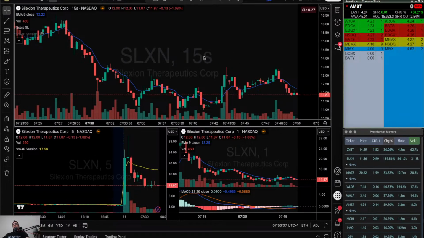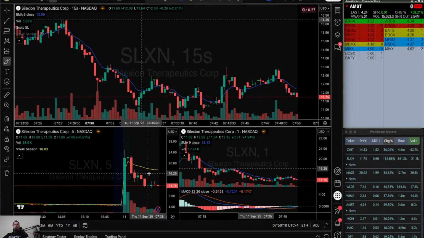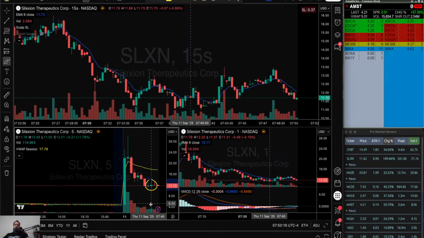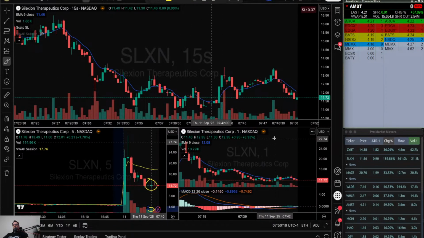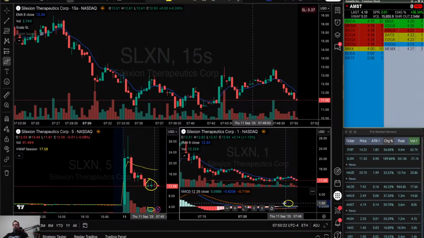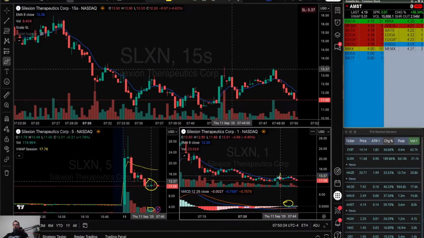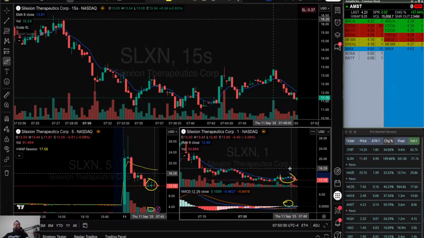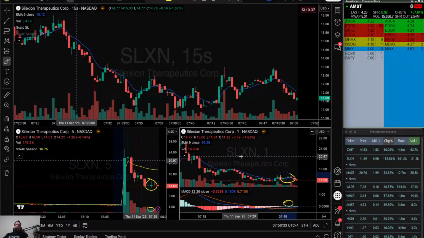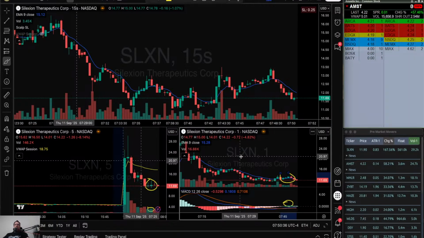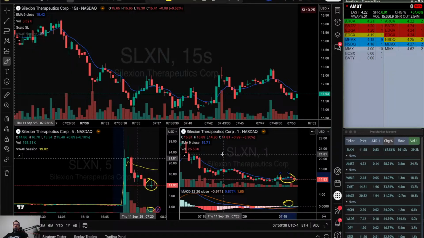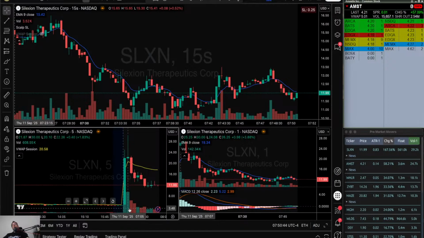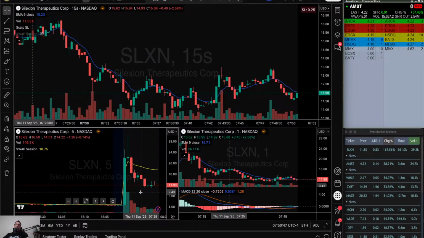SLXN. Okay, so the reason it showed up on the Momo scanner is that it was making higher highs, higher lows, but not really. And plus the volume, I checked the volume, volume's kicking in. And also in the 1 minute, the MACD was positive, and it's above the 9 EMA. When stuff pops up on the Momo scanner, it's because I haven't released it yet. That scanner just shows me, hey, this is a stock you really want to take a look at.